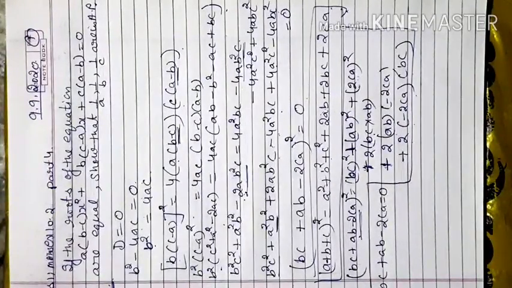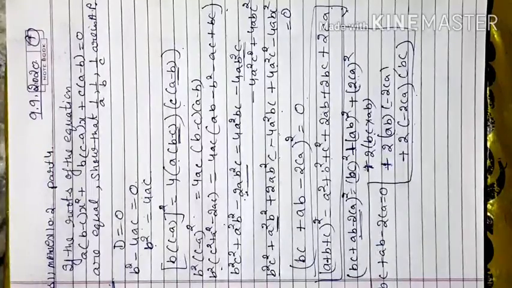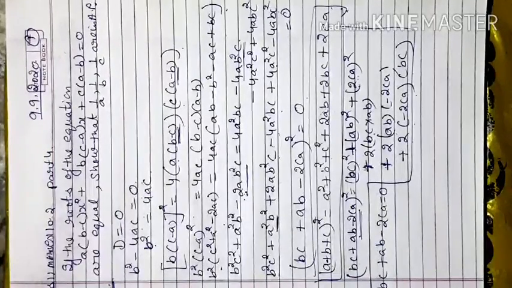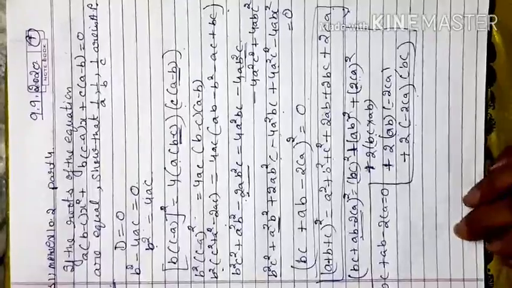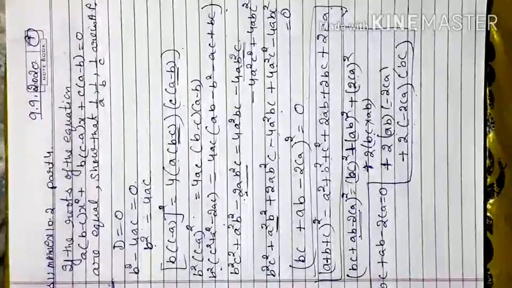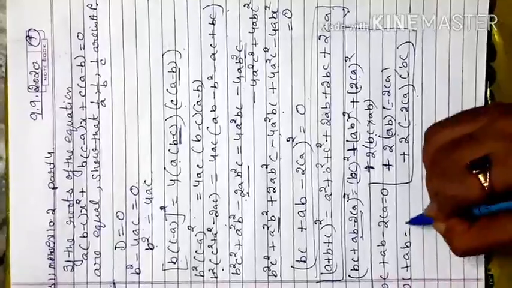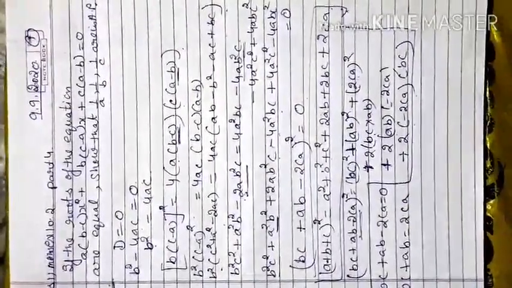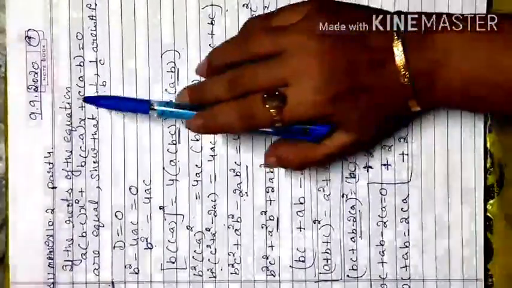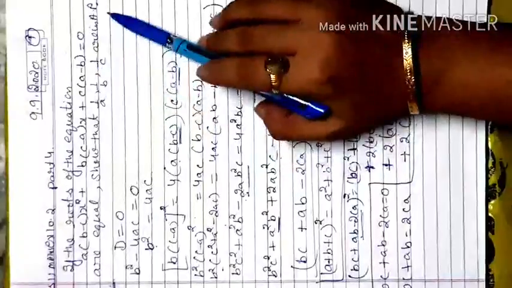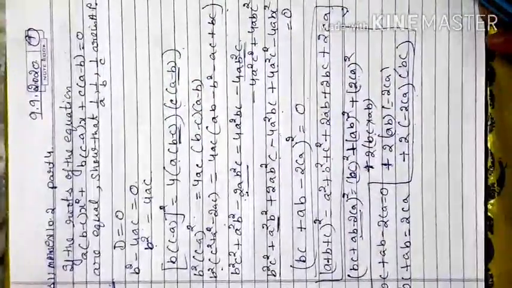Now what you will do next, shift the negative term to the other side, so bc plus ab is equal to 2ca. Now because I need 1 by a, 1 by b, 1 by c in AP, that will be my answer.